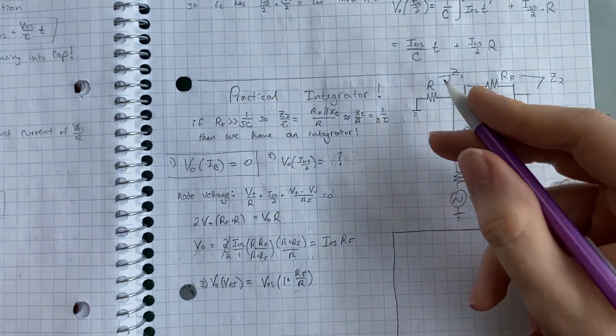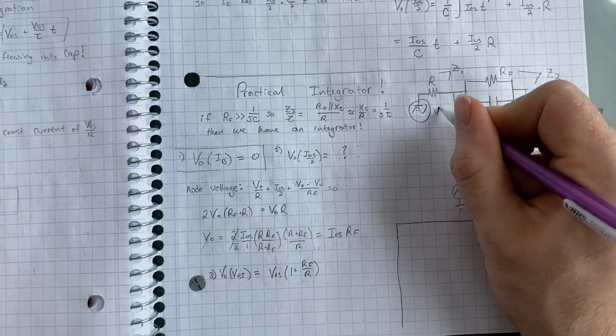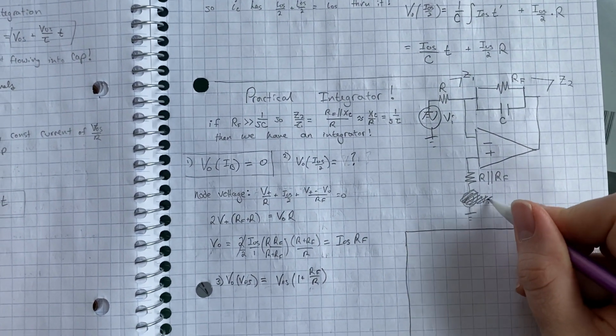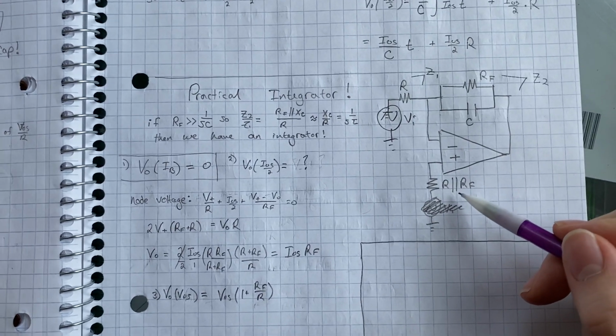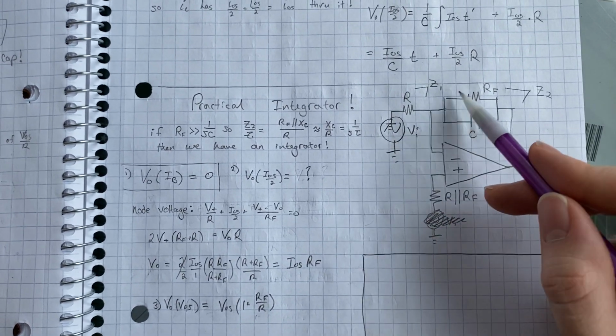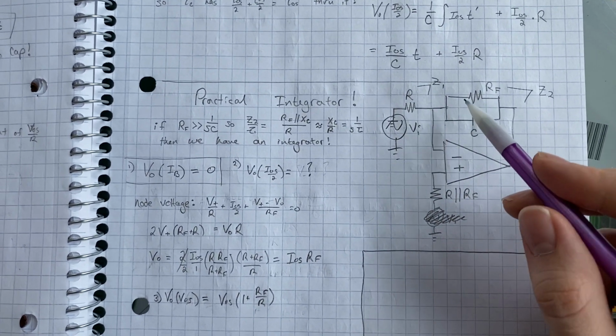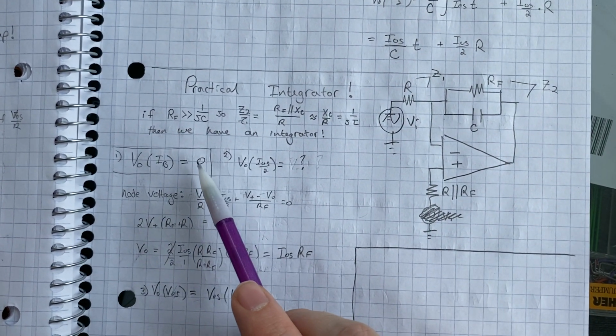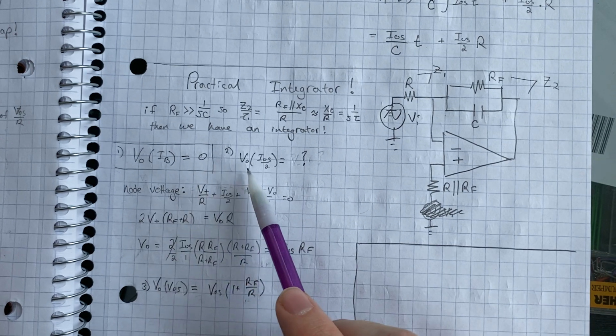The input should be over here, since we're doing an inverting integrator. And we keep this resistor here because it will null out the bias currents, as we proved before. So if we take a look at this here, bias currents are 0.